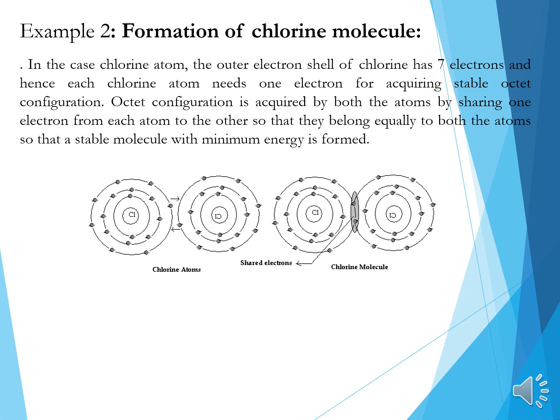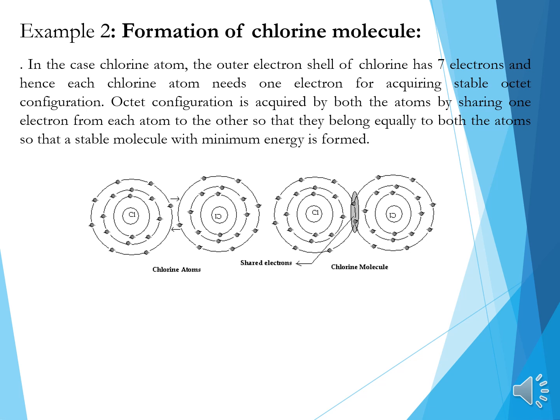Now let us understand the formation of chlorine molecule. In the case of chlorine atom, the outer electron shell has 7 electrons, and hence each chlorine atom needs 1 electron to form the octet structure, that is 8, acquiring a stable structure.